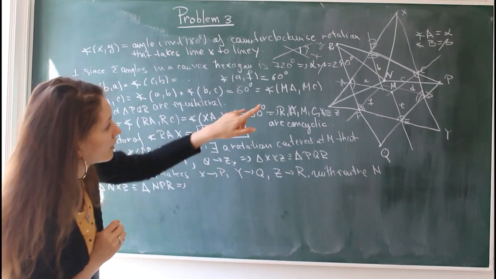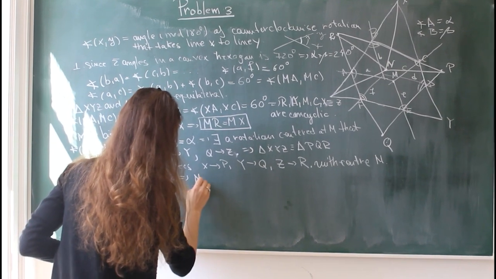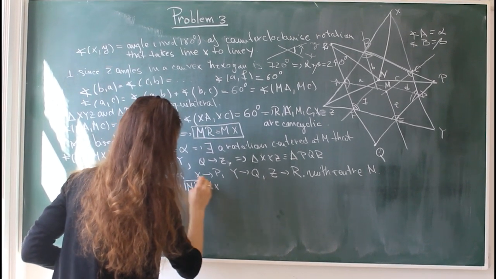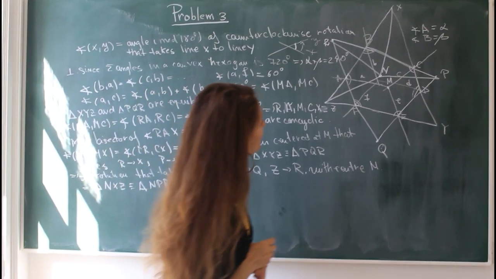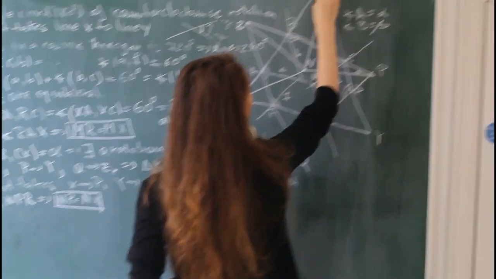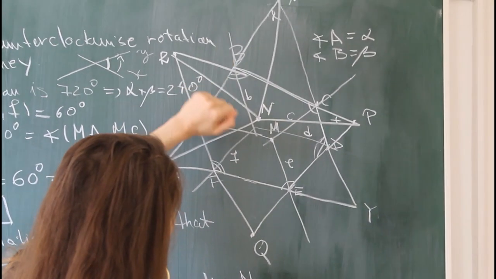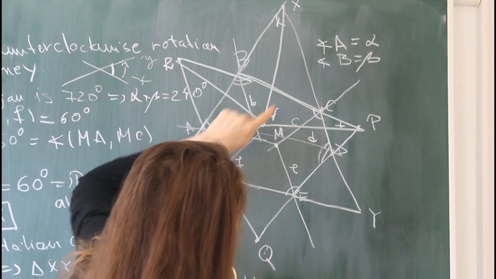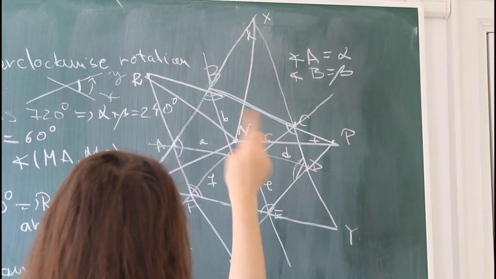In particular, NP equals NX. Also, because they are congruent, these two angles are the same, and we can deduce that BXPN is cyclic.